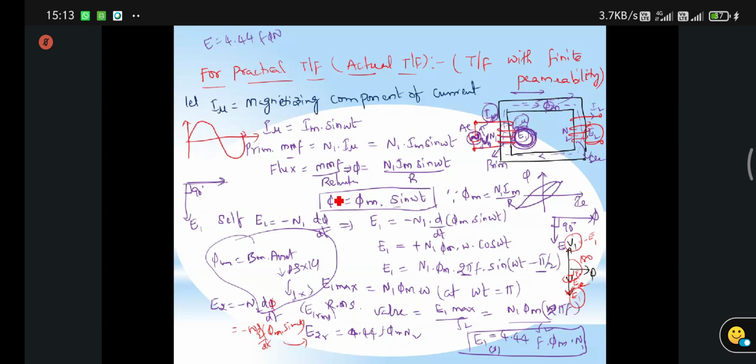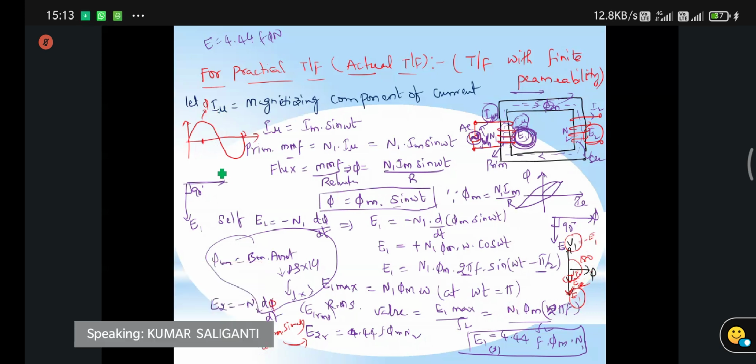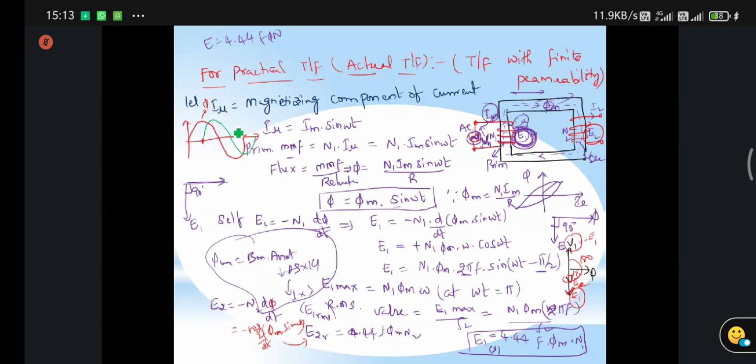Here you can see this is the flux direction, and exactly 90 degrees later you can get E1 and E2.